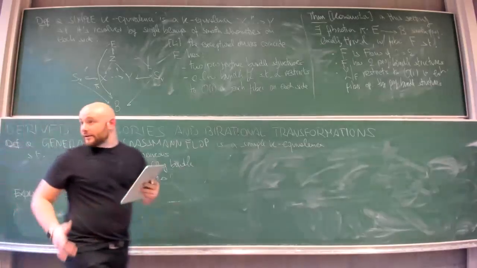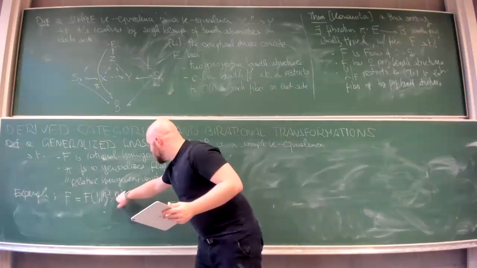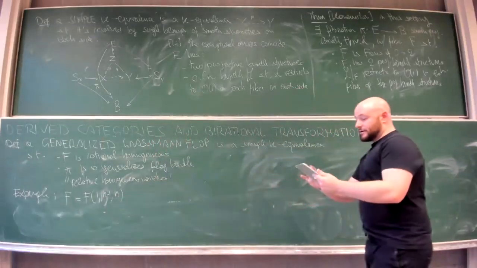It's an incidence variety of lines and hyperplanes in an affine space of dimension n, if you want.